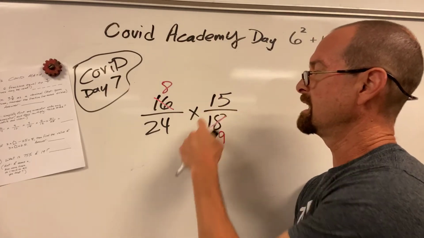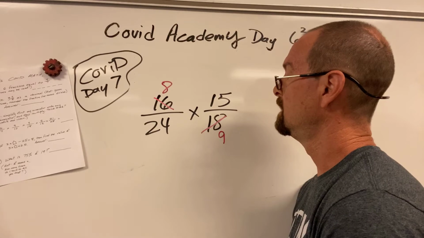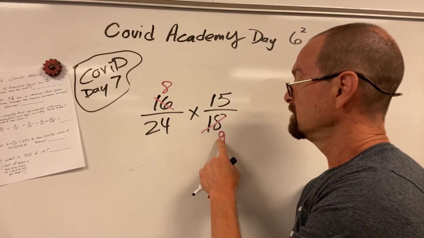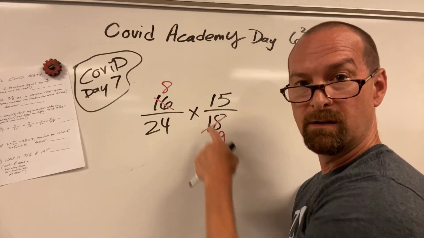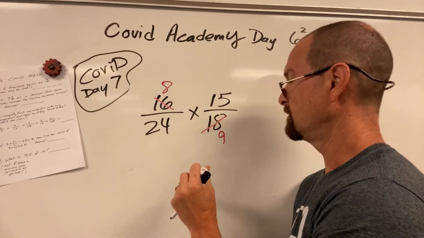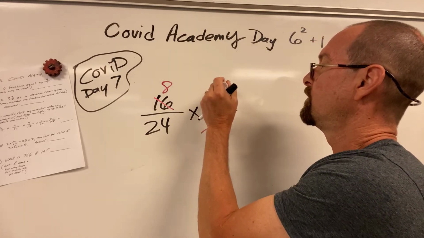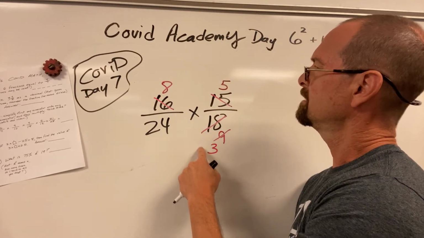Okay, what else? Do I see any top and any bottom that work? There are a few different combinations in this example. Well, I know that 9 and 15, 3 goes into both. So even though I've scratched this one out once, I can do it again. Divide by 3. 9 divided by 3 is 3. 15 divided by 3 is 5. Any other combinations?